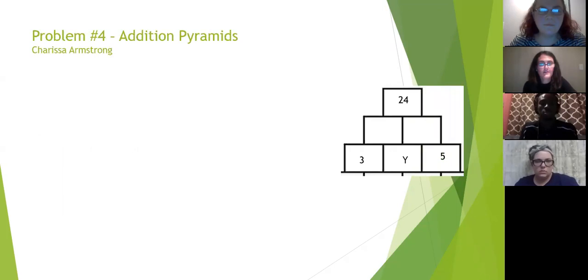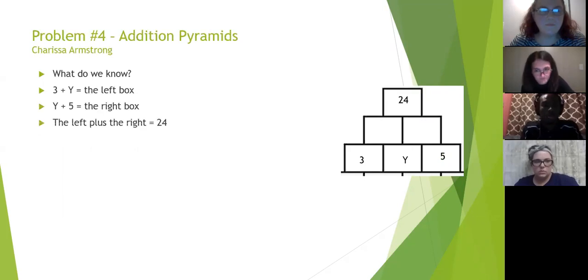Let's do another one. In this one, we know that 3 plus y equals the left box, y plus 5 equals the right box, and both of those together equal the top of the pyramid. So we're going to substitute in those equations.